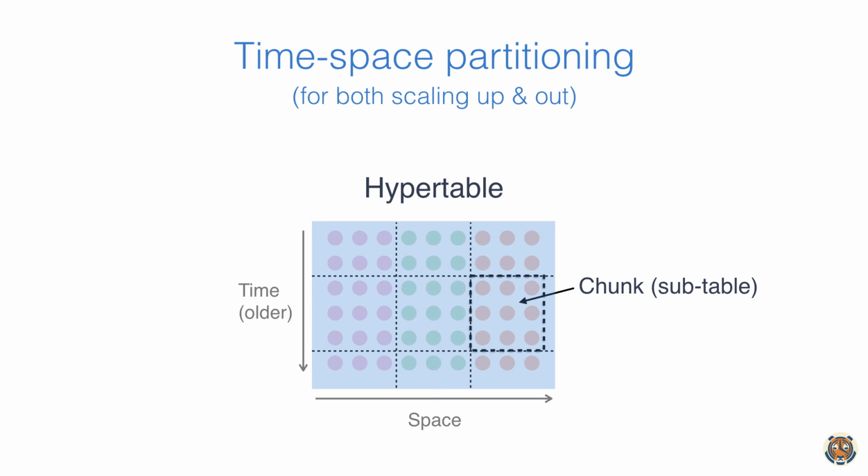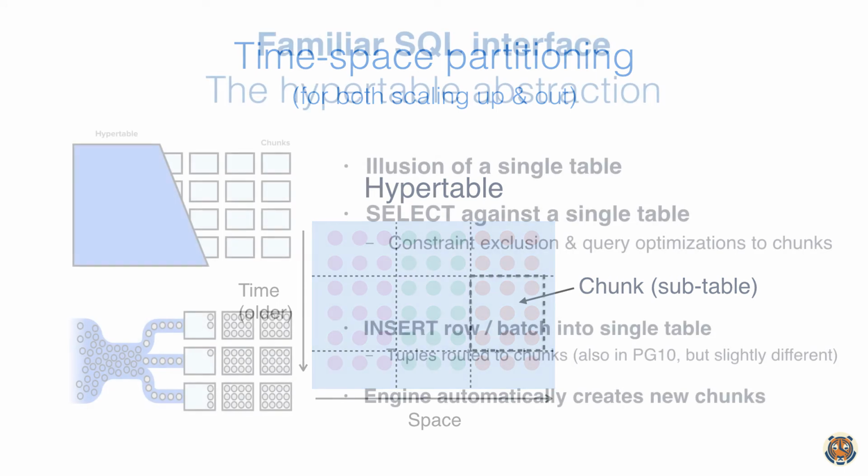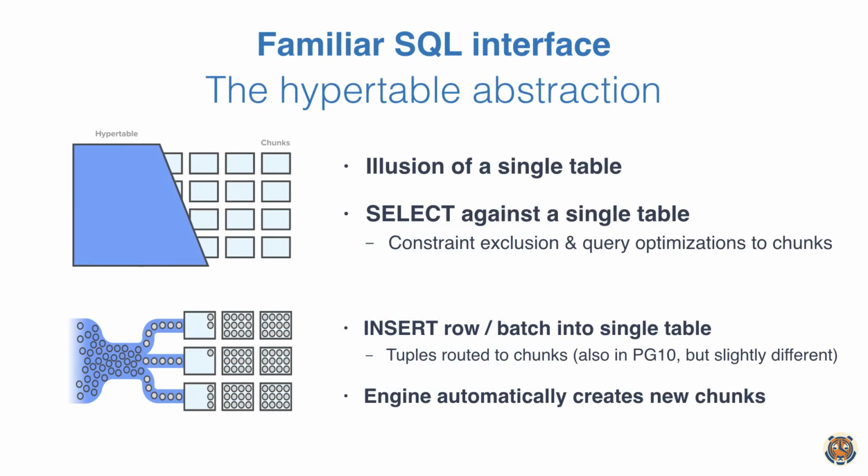And a chunk is actually a table in Postgres. I'm going to go into that a bit later. So the chunk is the particular partition, and we call all of the data now a hypertable because it's partitioned across many dimensions. The interface that a user sees is the illusion of a hypertable as a single table.